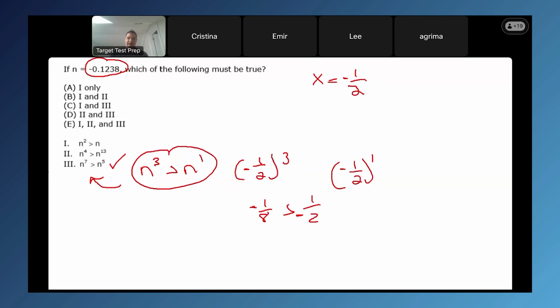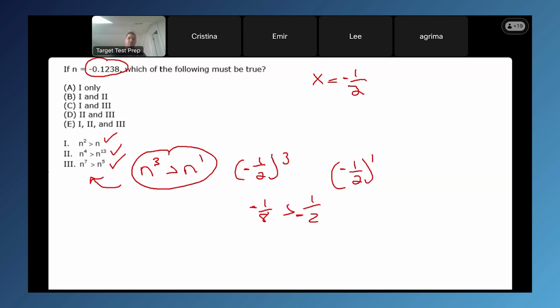Okay. And then obviously the first two are very simple because you're talking about an even exponent compared to an odd exponent. The even exponent's going to be positive, the odd's going to retain its sign. So that's what we have going on there. So anyway, none of this should be too bad.